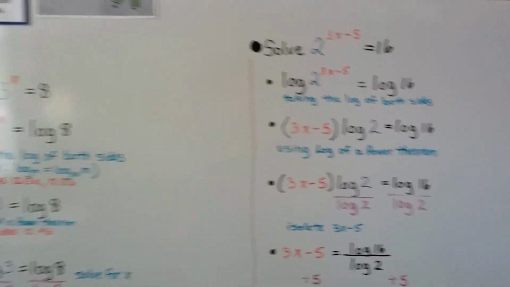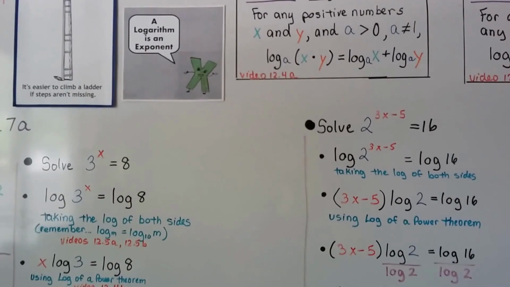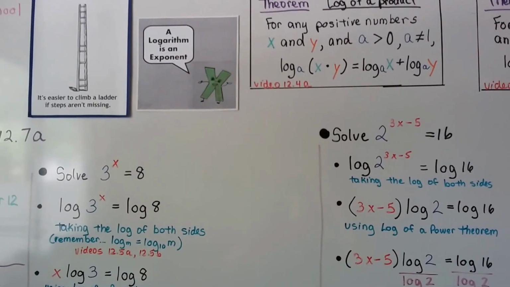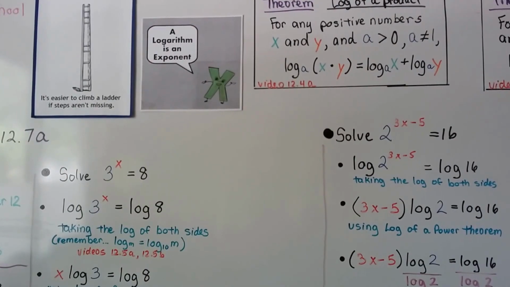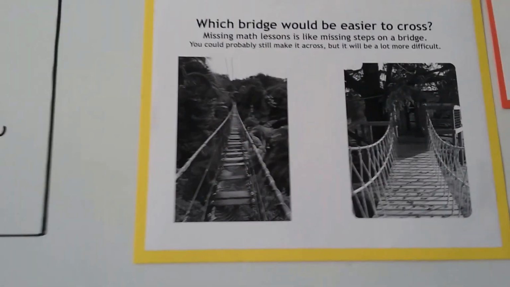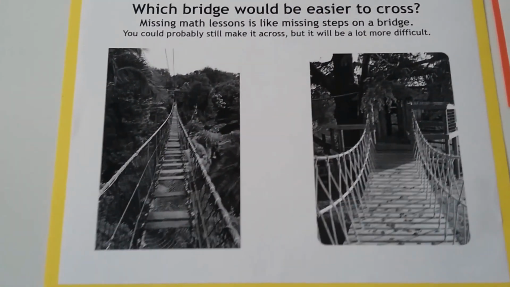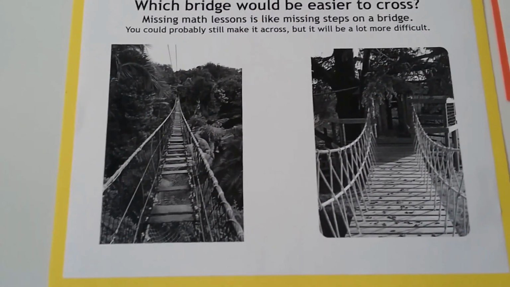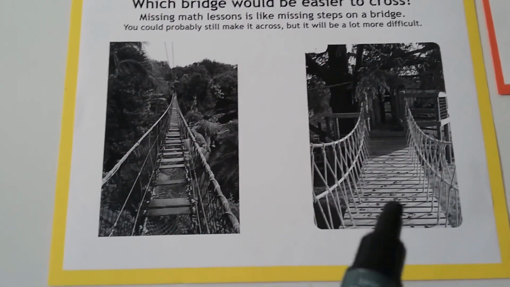I want you to remember to try not to skip any steps, okay? You skip steps, you're just going to make it harder on yourself. You can still climb the ladder, but it'll be harder, okay? So I also have this card. Which bridge would be easier to cross? Would you rather cross this bridge or this bridge? I bet you could make it across that one. You wouldn't go as fast as if you just did this one.